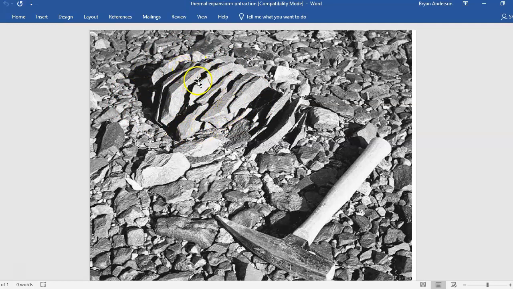But then nighttime comes and it gets really cold, and so this rock would contract. Just like a piece of metal that you bend back and forth until it finally breaks, this rock will expand and contract until bang, it breaks apart, just like it looks like a loaf of bread. That sort of thermal expansion contraction creates breaks in rocks as well.